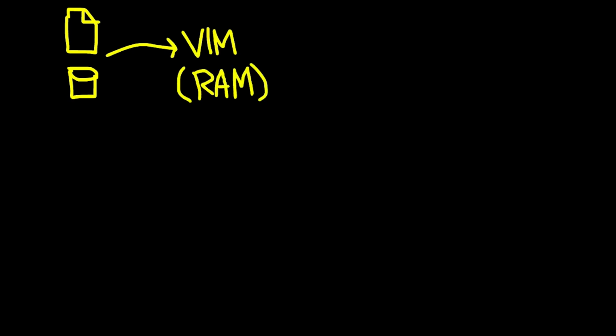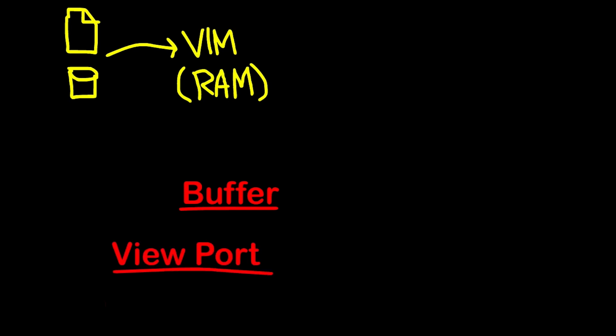Now, before we hop into Bash, there's a few Vim concepts we need to introduce. Your Linux files are stored on disk, but once you open them in Vim, they are loaded into memory, aka RAM. This in-memory copy is what Vim calls a buffer, and you view this buffer through what's called a Vim viewport.